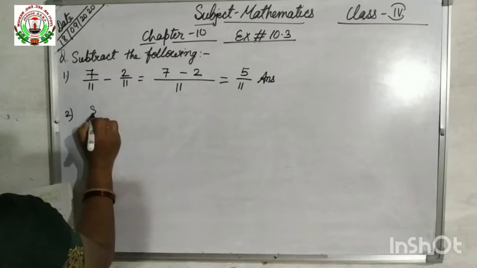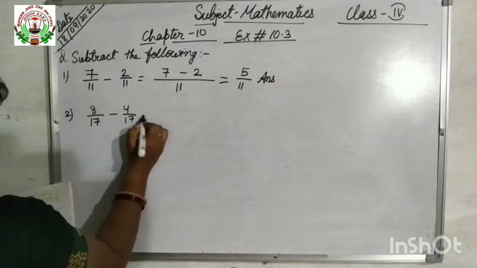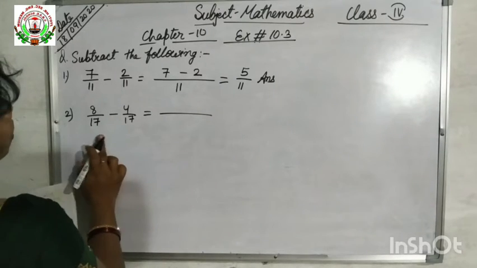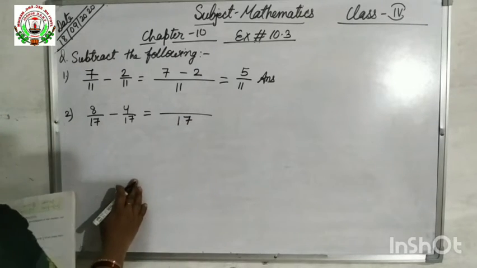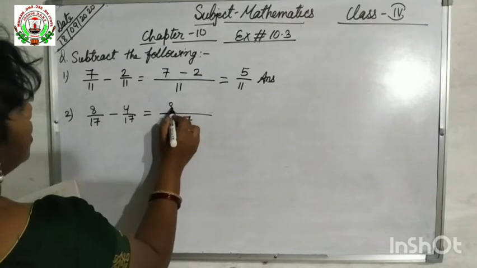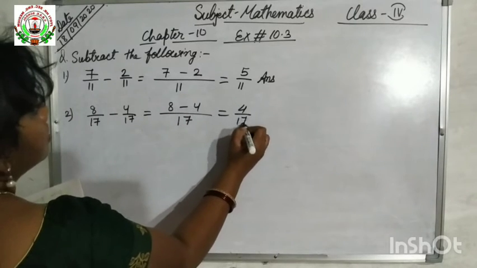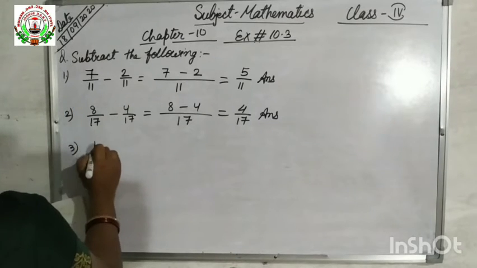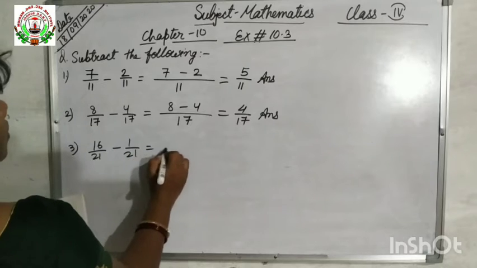In question number 2, 8 by 17 minus 4 by 17 is equal to, again it is like fractions. So the denominator will be the same, 17 will come, then 8 minus 4, which is 4 by 17. This is the answer. Number 3 is also 16 by 21 minus 1 by 21.